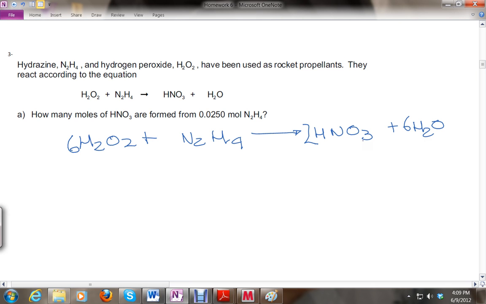But let's look at the hydrogen. It's going to be off. 12 plus 2, 14. 12 plus 4, 16. So we have to go to 7 now on the water.